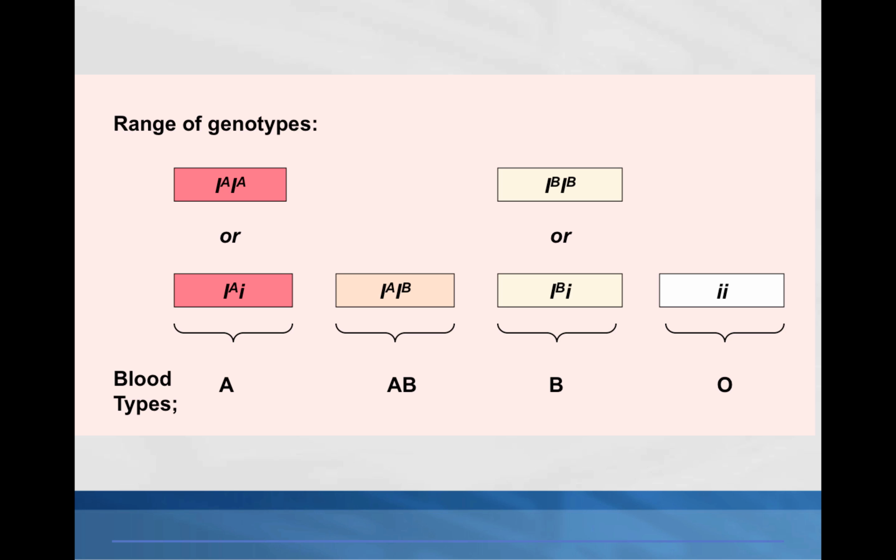When it comes to A or B blood, there are 2 possible genotypes. They could be homozygous dominant, as shown in this picture at the top left, or heterozygous for type A blood. Same thing with B. It can be homozygous dominant or heterozygous.